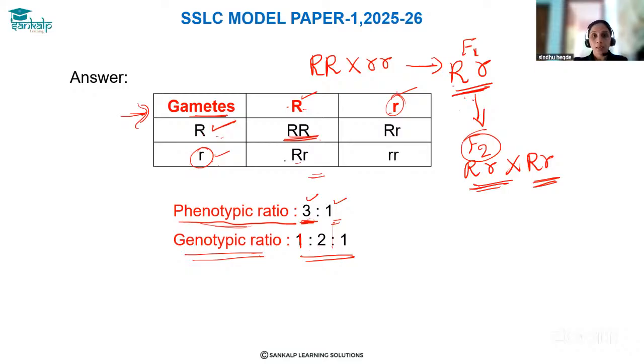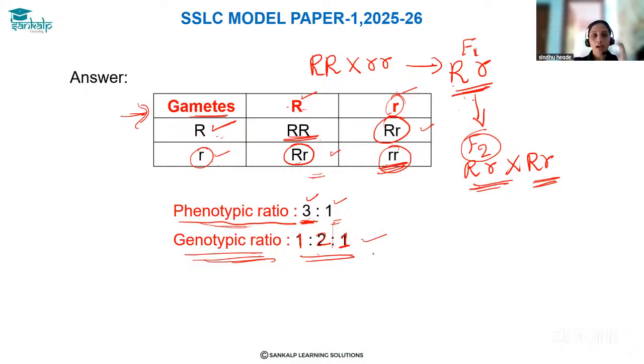Then capital R and small r, capital R and small r, 2 are present. So this is 2. This represents the dominant only, but heterozygous dominant. Then again only one homozygous recessive is present, that is small r and small r. So this is 1. So this is the genotypic ratio.